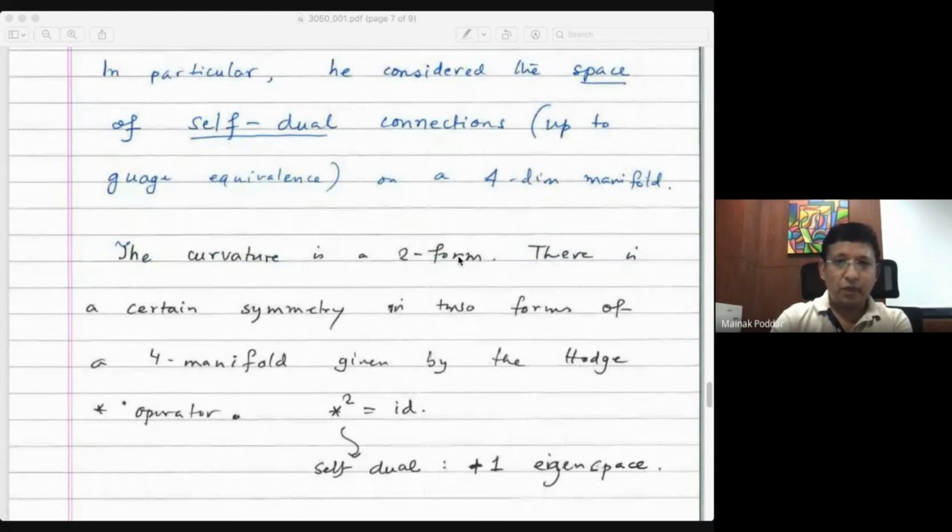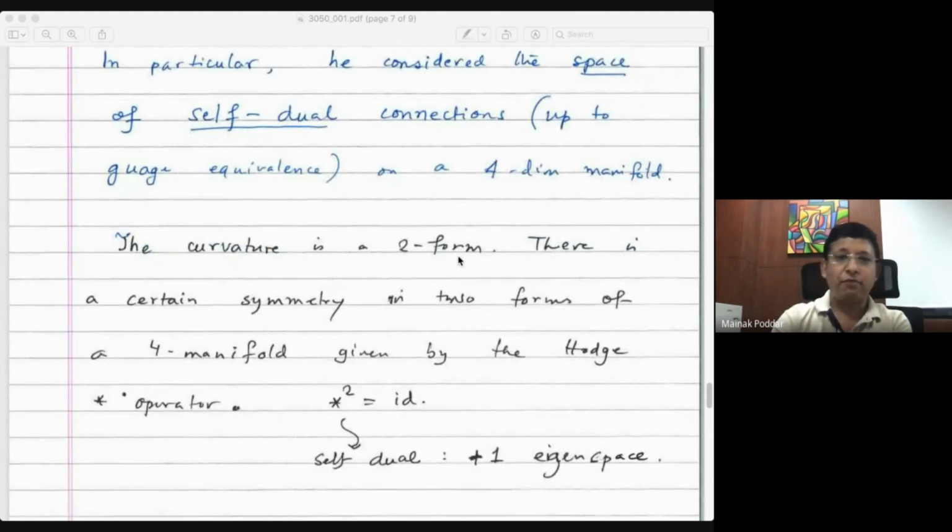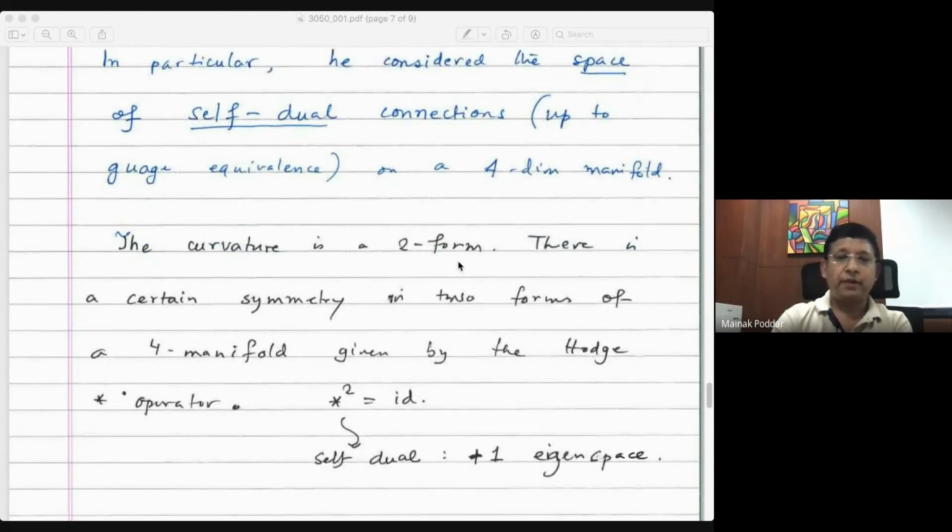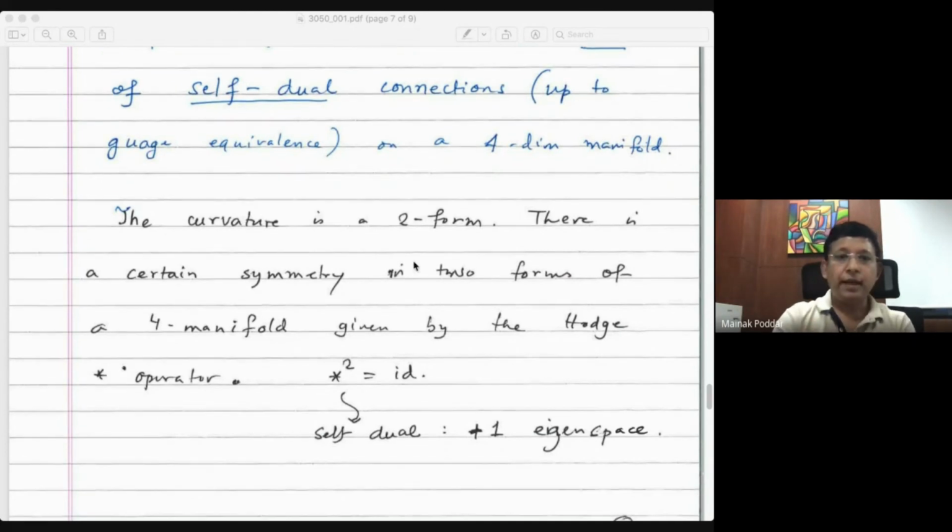Now, just briefly, what is a self-dual connection? Curvature, I said, is like a two-form. So it's locally like dx dy times a function for some coordinates x, y, roughly. And there is a certain symmetry in the two-forms of a four-manifold. As I said, there is a volume coming out of the Riemannian metric, and the volume is a four-form.